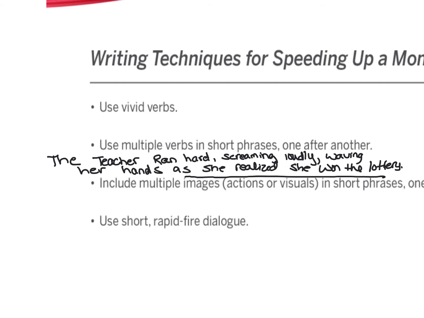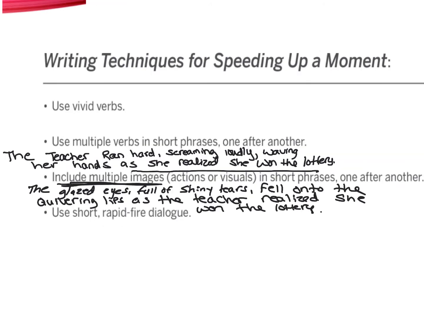You can do multiple images in short phrases. So it's going to be kind of the same concept, but this one is images versus necessarily verbs. So let's look at an example. The glazed eyes, full of shiny tears, fell onto the quivering lips. So you have the multiple visual images because you can see kind of glazed eyes and shiny tears.